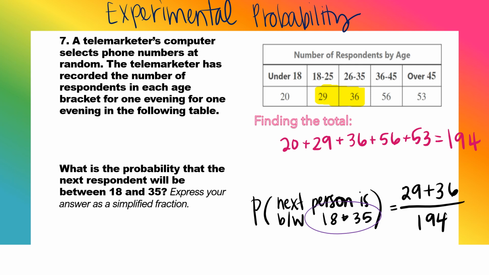Right, so success is going to be 29 plus 36 over 194 for our total, and then 29 plus 36 adds to 65. So 65 over 194, that doesn't reduce, so you can leave it as 65 over 194.